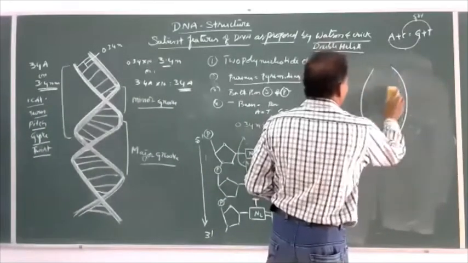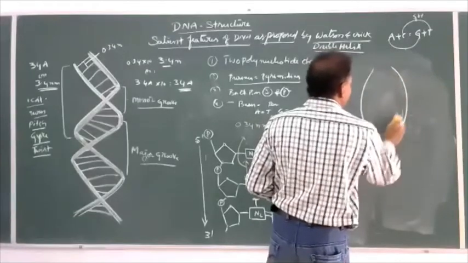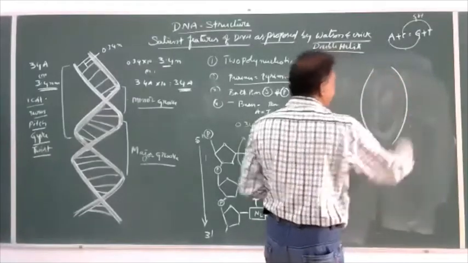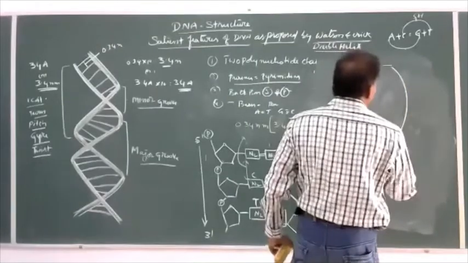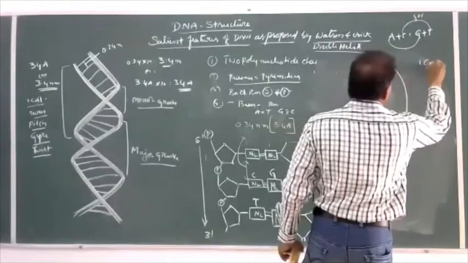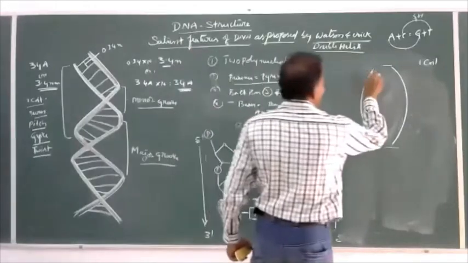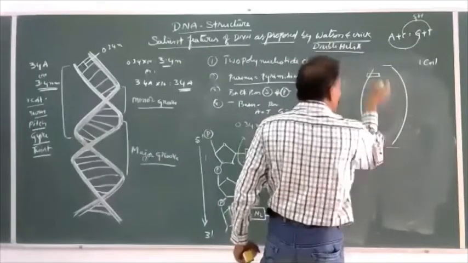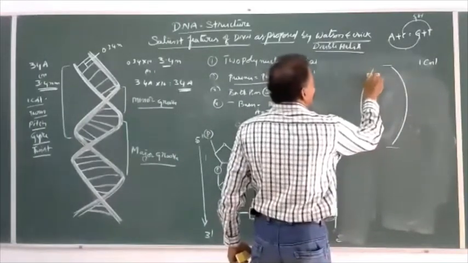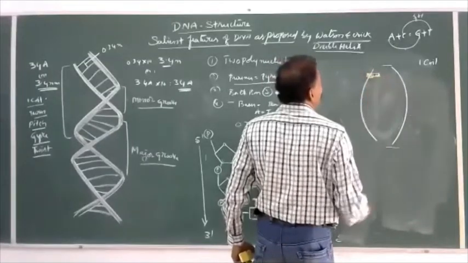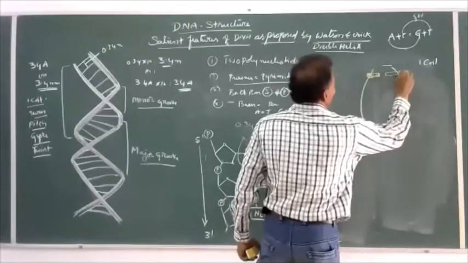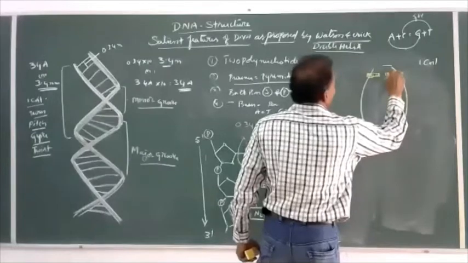This is called one coil, one coil from here to here. In this coil, what is present? Nitrogen bases are present. Nucleotides are present: phosphate, sugar and nitrogen base.